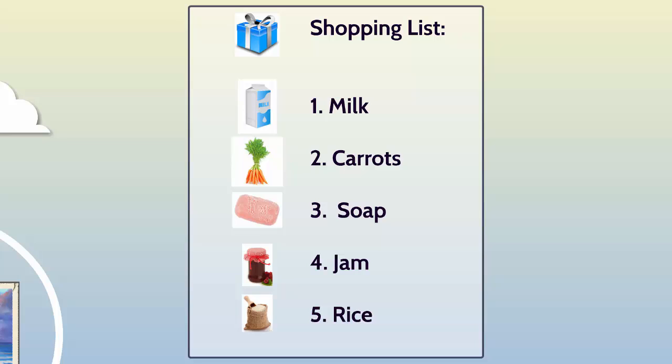The first item on the list is milk. We use our peg 1 is gun, so we have the image of gun and we have to associate milk with the image of gun, and this is how I'm going to do it. You can have your own way of associating the two images.